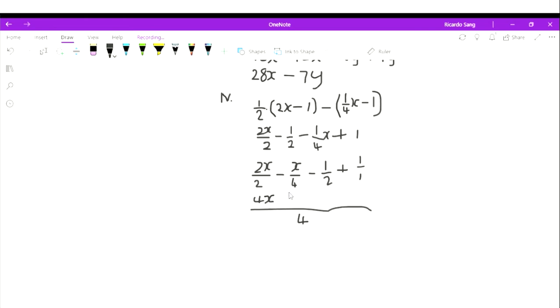This is 4x plus a minus x. 4 into itself goes 1 time, 1 times x is x. So this is 2 into 4 goes 2 times, 2 times 1 is 2. And then 1 into 4 goes 4 times, 4 times 1 is 4.